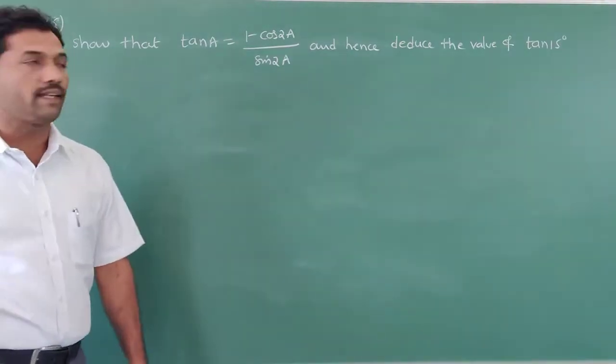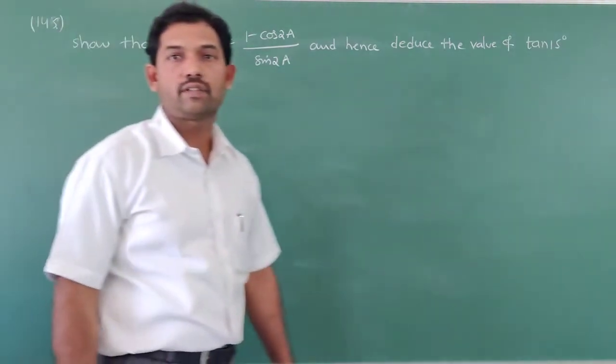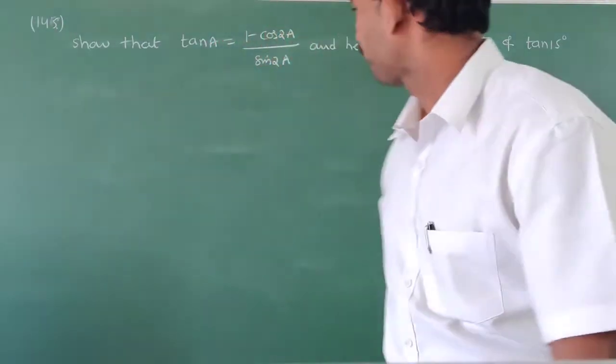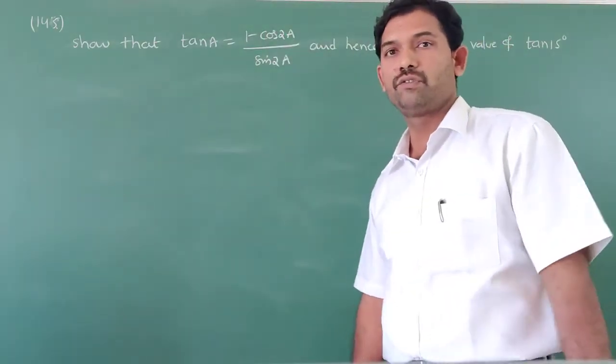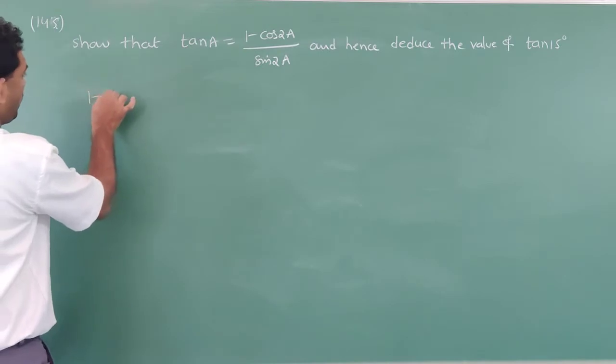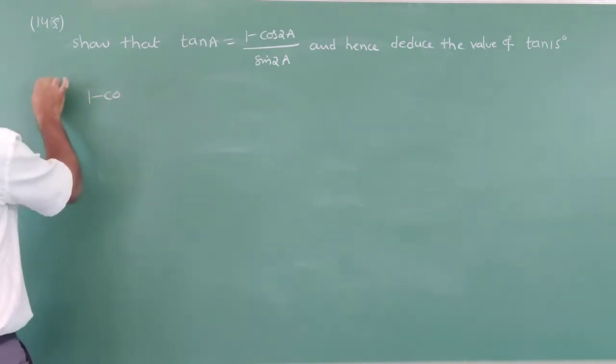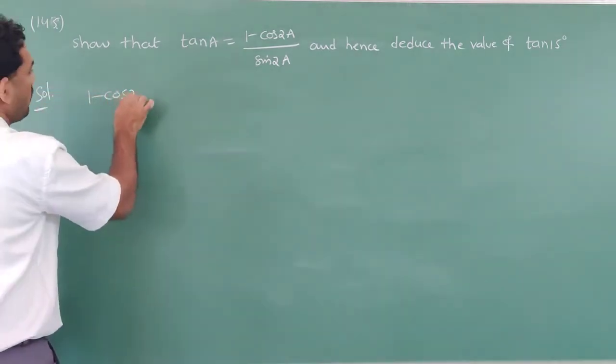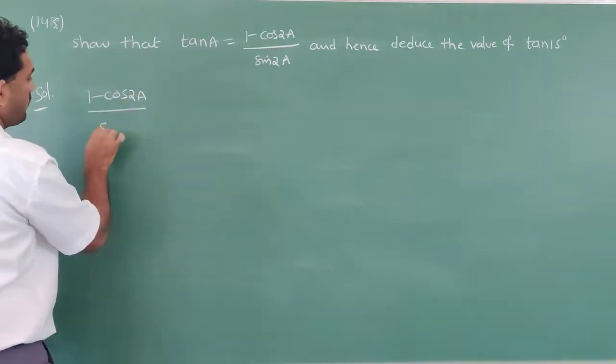So tan A is equal to 1 minus cos 2A divided by sin 2A. You take the RHS value, 1 minus cos 2A divided by sin 2A.